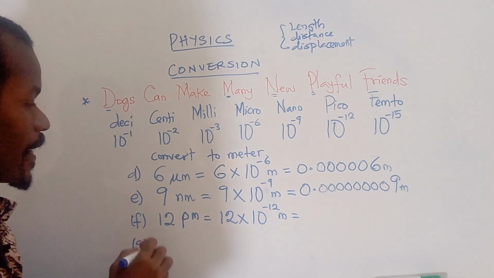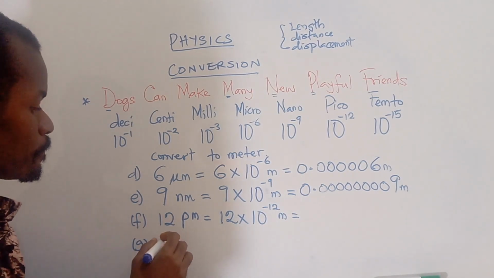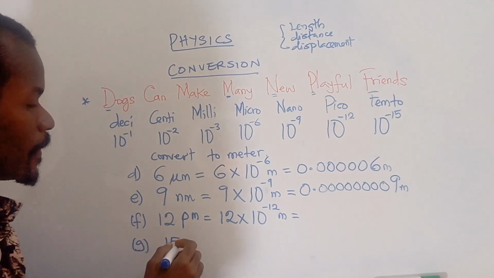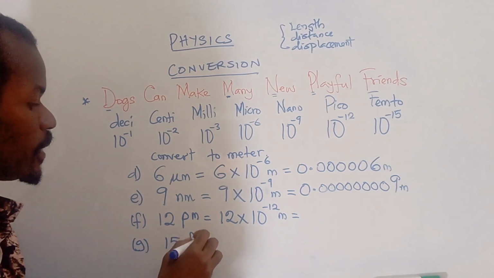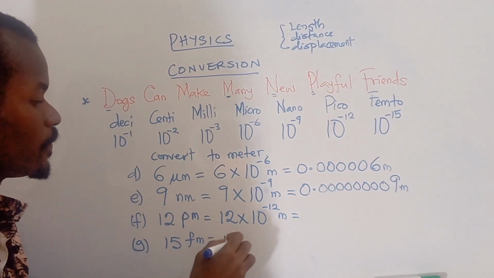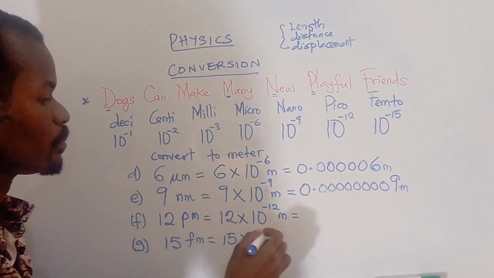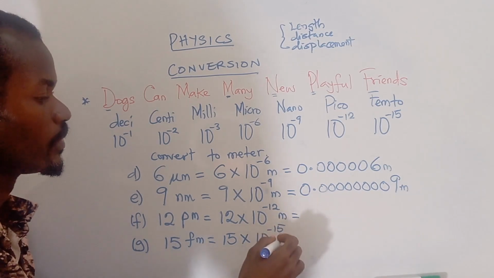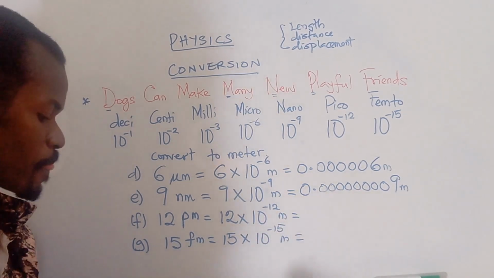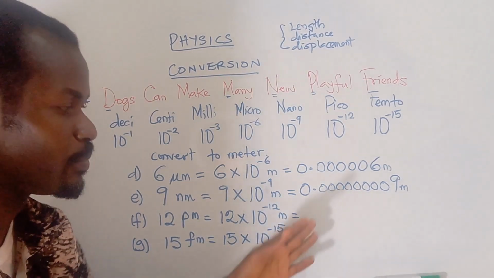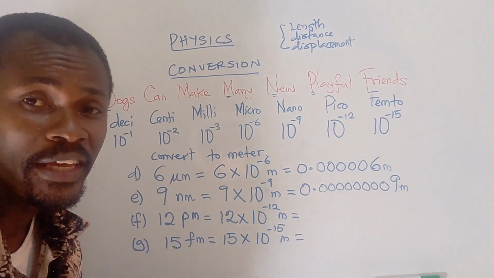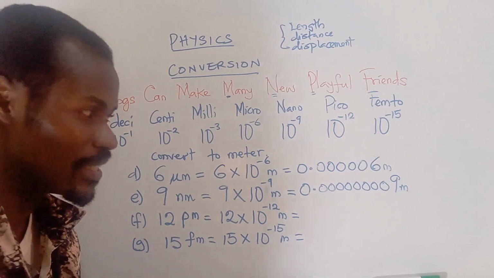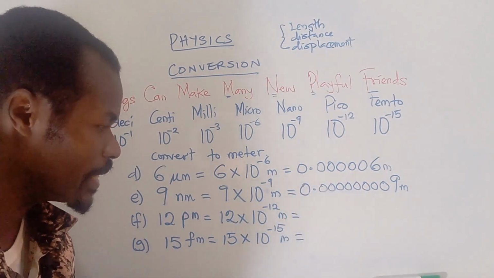Lastly, let's say we have 15 femtometer. We're going to say 15 times 10 raised to the power of minus 15 meter. Now the question is, how do you write it in decimal?